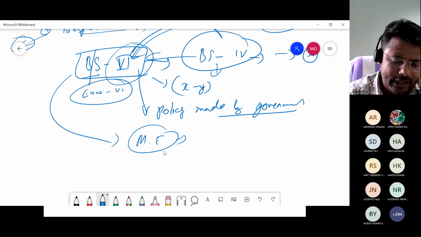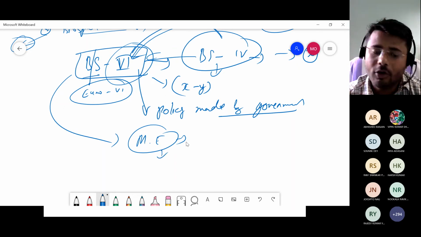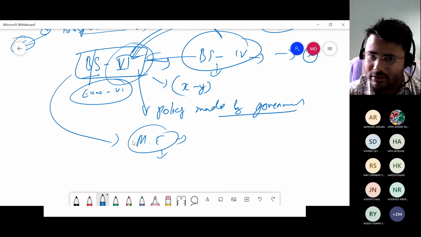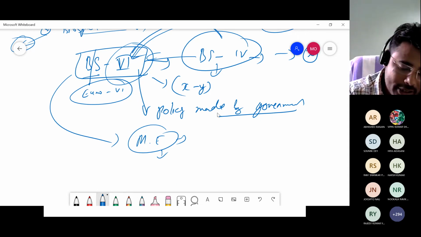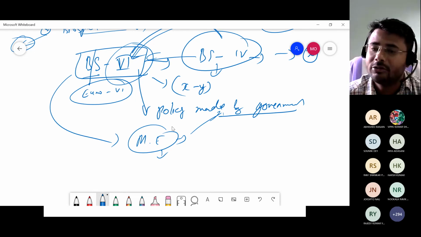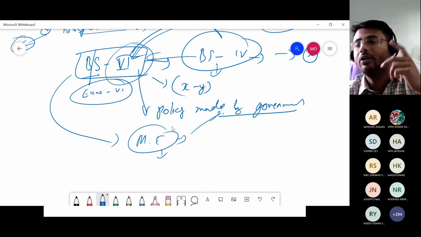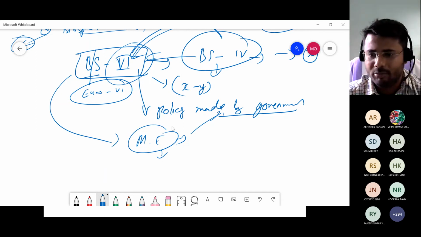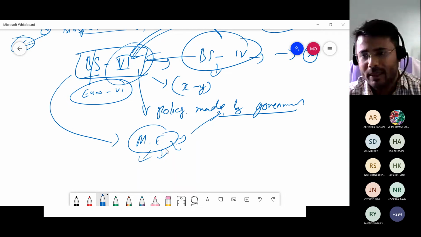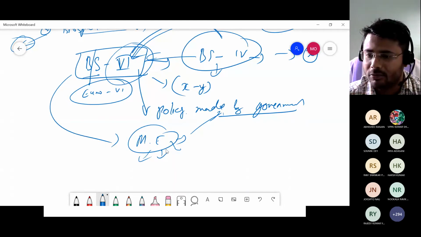That means an engineer has to work and accordingly reduce the pollution levels. This policy is made by the government, so that engineer has to work in a way that is acquainted with that policy. Why does he have to work hard to make a BS6 norms car?